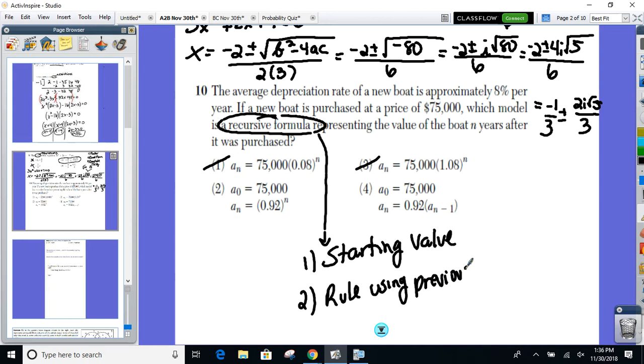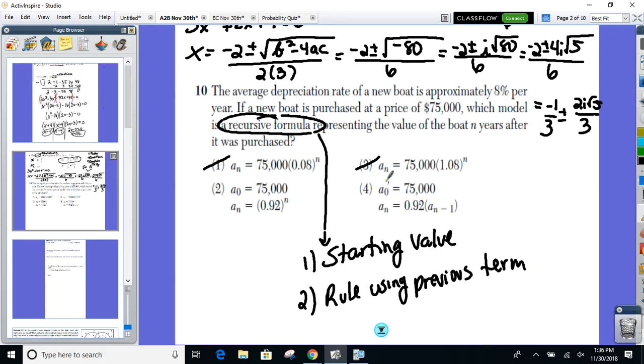Every recursive formula needs the starting value and the rule using the previous term. You remember what our previous term looked like usually? A with the subscript of n minus 1.